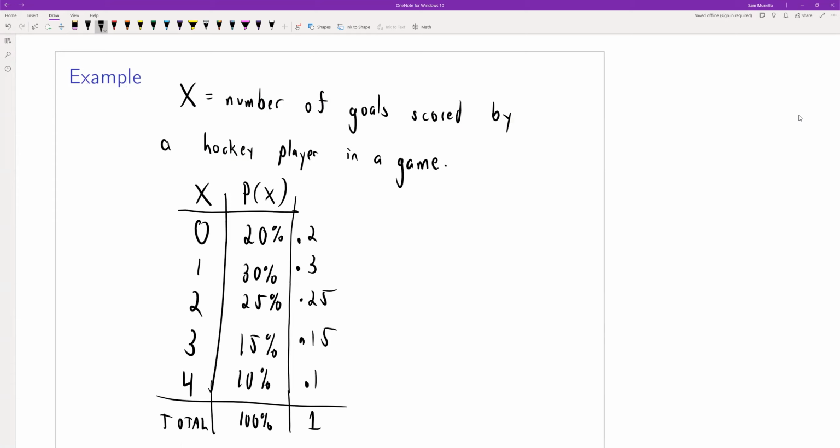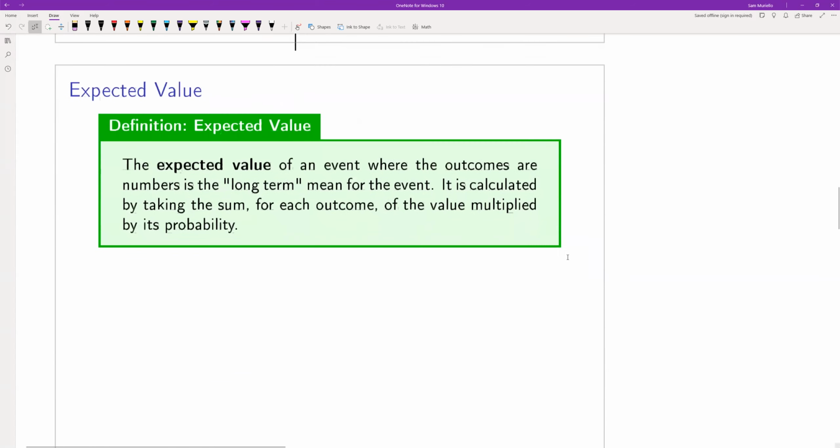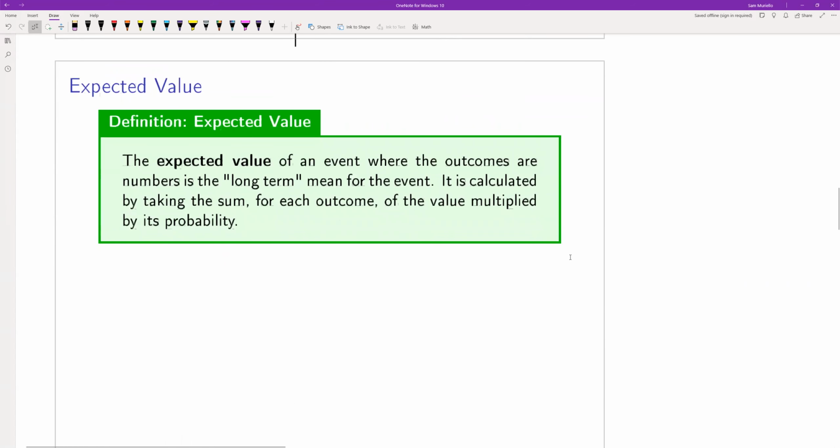Now, the most important thing that we can calculate from such a table is called the expected value. The expected value of an event where the outcomes are numbers is called the long-term mean. Basically, it's the number that we expect to get if we were to repeat this event over and over and over again over time.